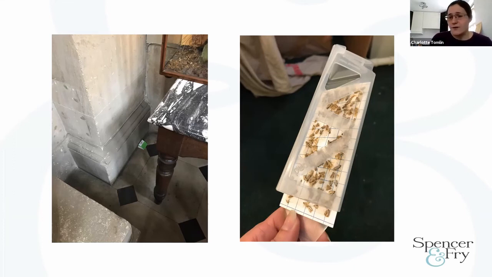And on the right, we've got a pheromone trap, which was mentioned in regard to one of the questions earlier. This, I believe, is a web-enclosed moth, although sometimes it's hard to tell. Obviously it's caught a lot of moths there. If you showed me that trap, I'd say you'd probably have a problem with moths, and you'd probably need to do something about it, because that's a lot of moths.